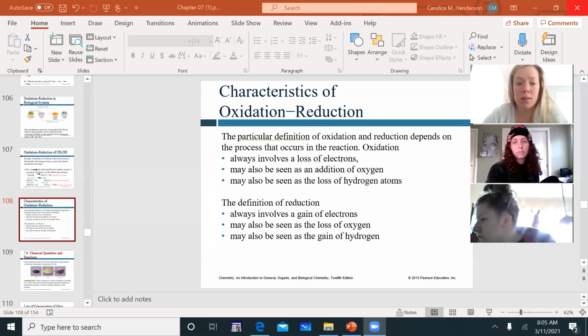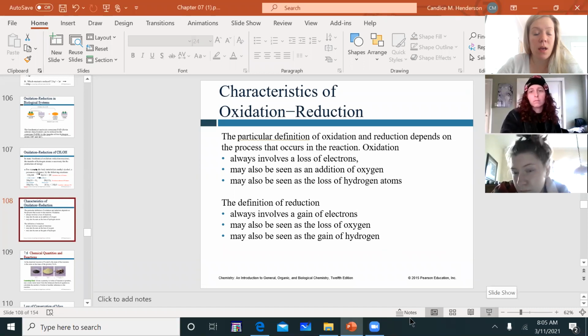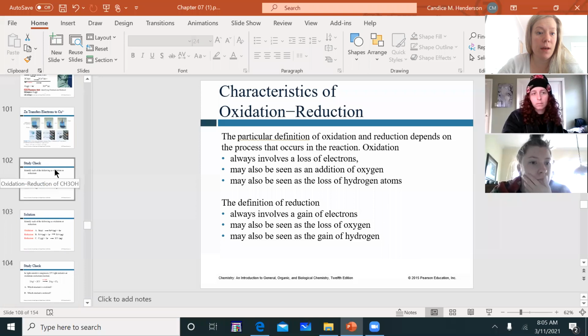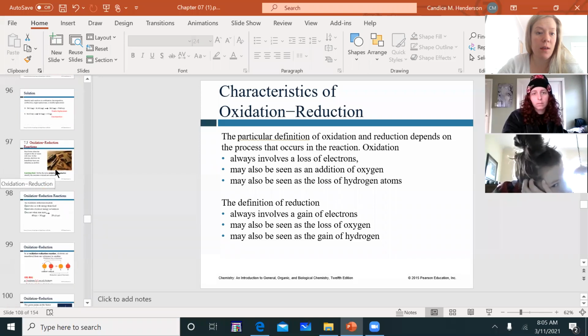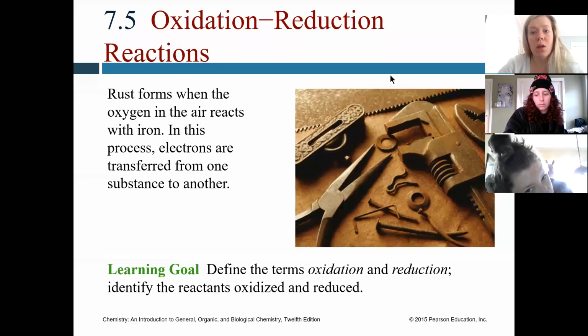We last time talked about balancing equations, and then we looked at the different types of equations. There's one type we still need to cover that you need to be able to classify, and that is an oxidation reduction reaction. When you look at the equipment over here on the right, this all has rusted.